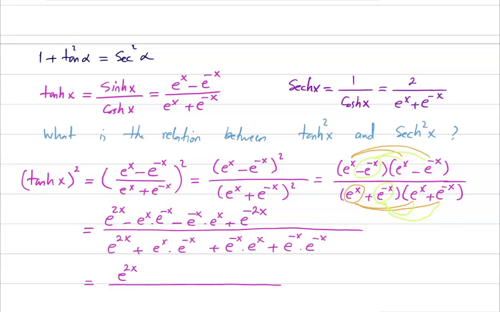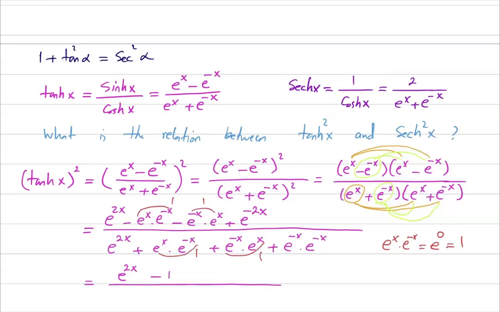Let me write it in red. So e to the x times e to the power minus x is e to the power 0, or 1. Wherever you see e to the x times e to the power minus x, it is just 1, both on the numerator and the denominator. This is basic algebra, everybody.